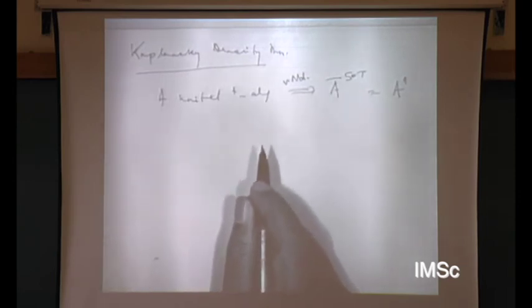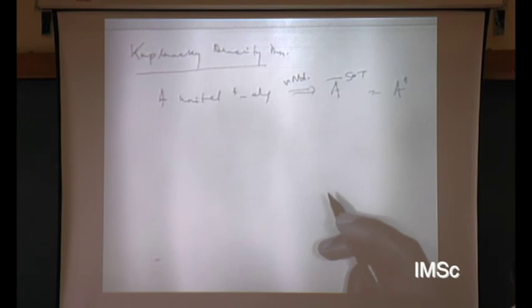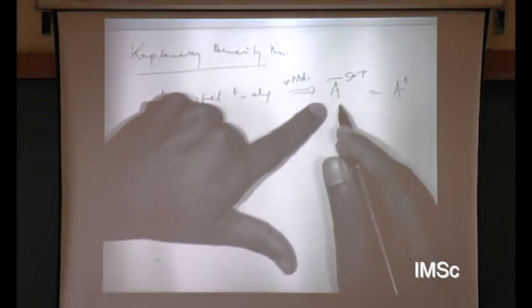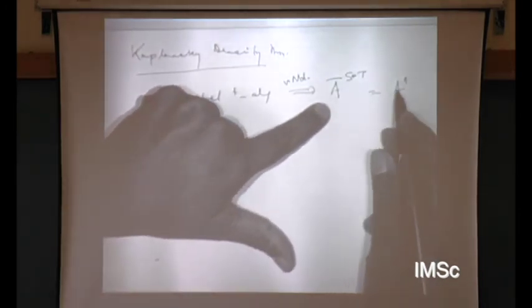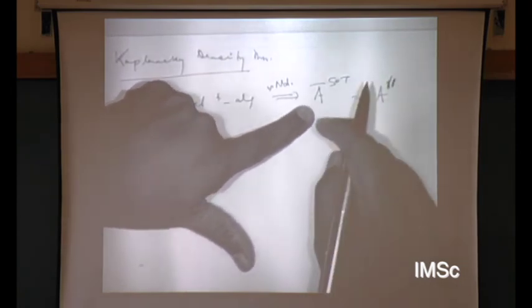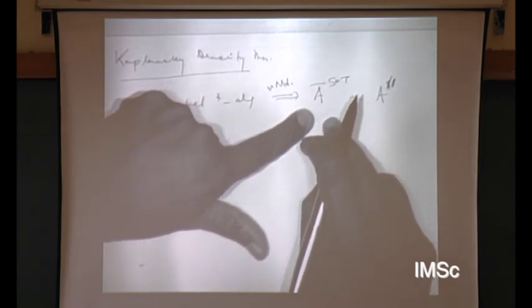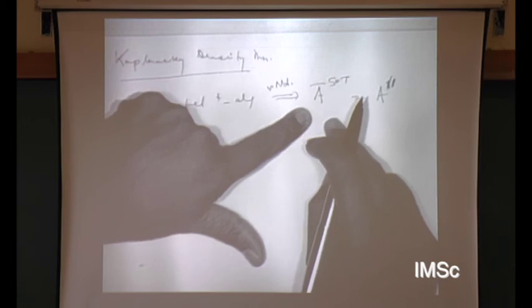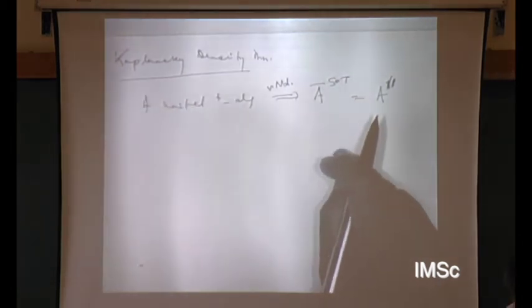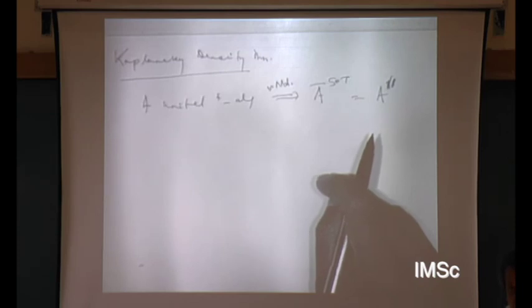So what I'm saying is that for many things, if you take things in the double commutant, yes, you can approximate them strongly by things in A. But for many things, you want your approximation to be bounded.